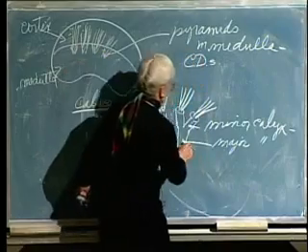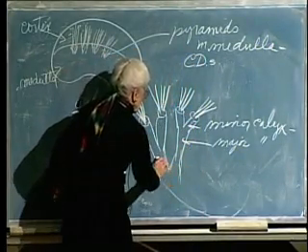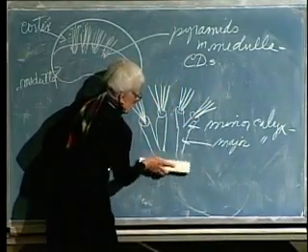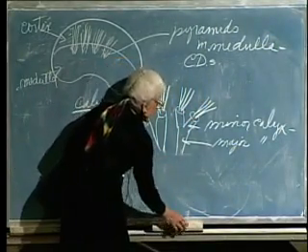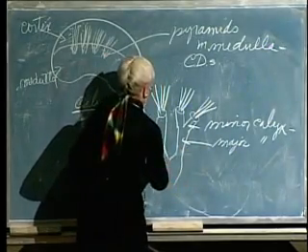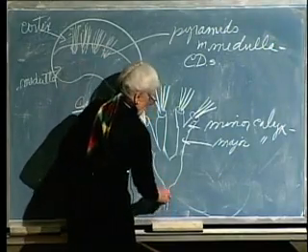A major calyx would be two coming together, and then the major calyces come together and will form the pelvis of the kidney, and then that's the pelvis of the ureter.